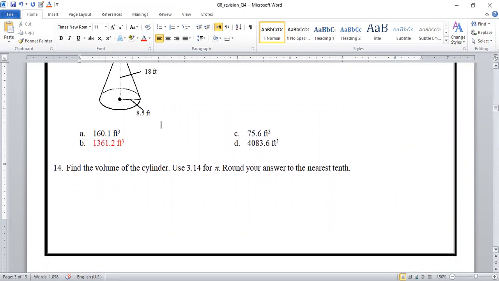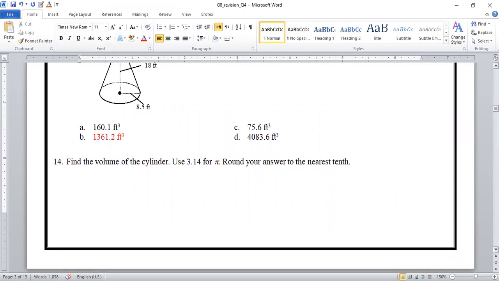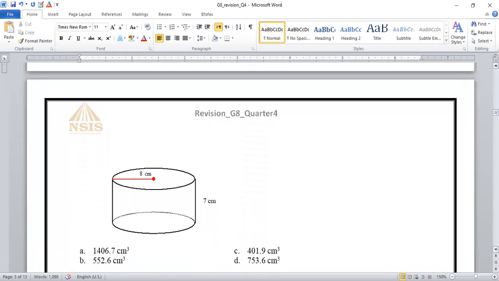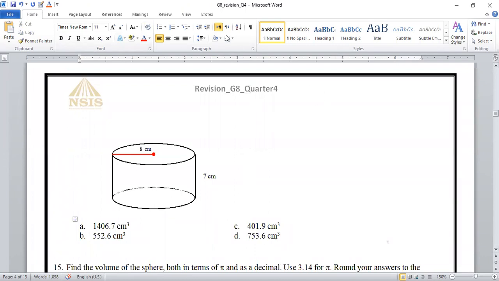Okay, find the volume of the cylinder. Use 3.14 for pi, round your answer. As shown in the figure, we know that the volume of a cylinder equals area of base times height of the cylinder. Area of base equals pi r squared. From the figure r equals 8, 8 squared equals 64.